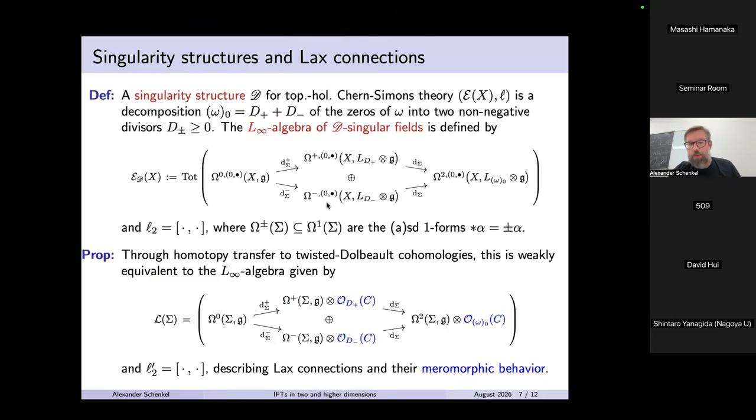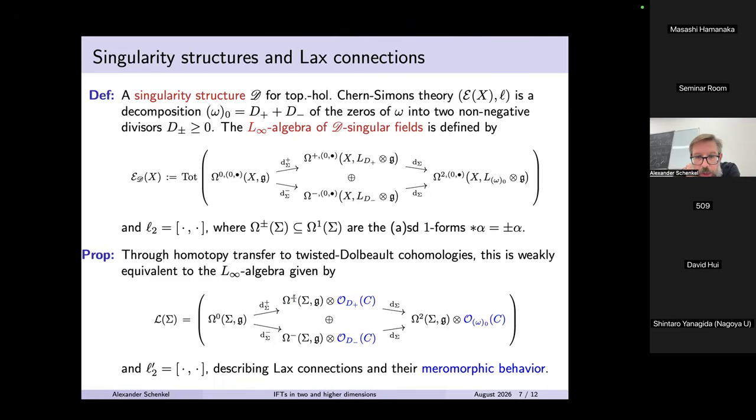Now, the result you can prove is that this L-infinity algebra of singular fields, you can realize that in a weakly equivalent way. You can again use homotopy transfer to twisted Dolbeault homologies in order to realize this weakly equivalent model. And this weakly equivalent model is given as follows.